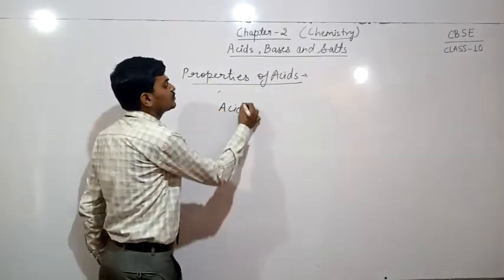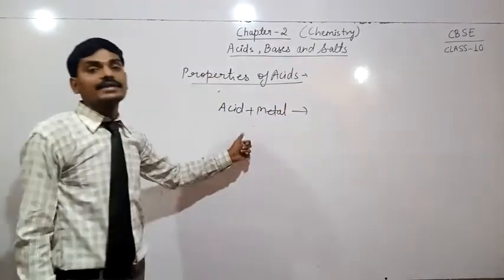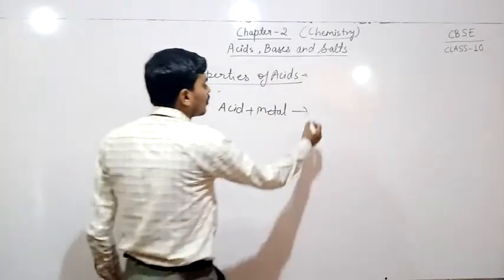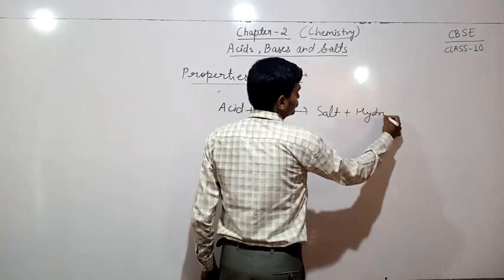Now next property. Acid reacts with metal. Any acid reacts with metal to form a salt and hydrogen gas.